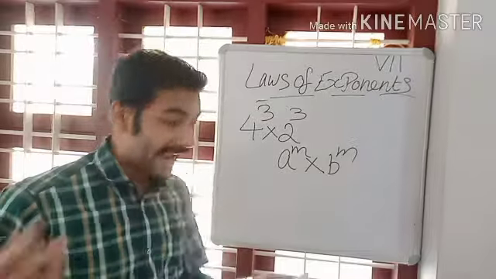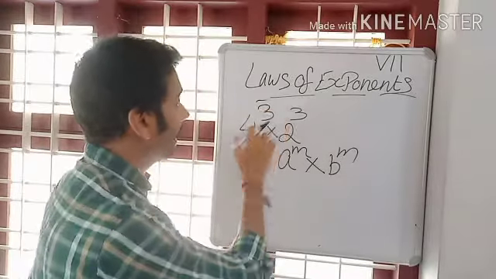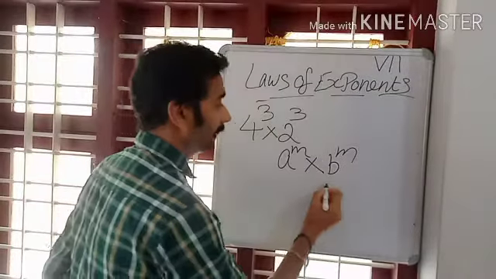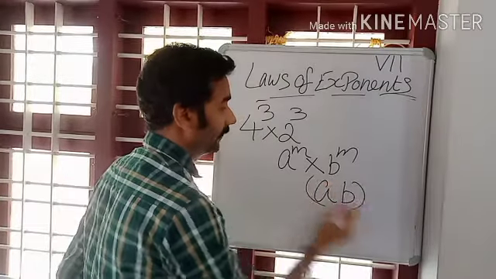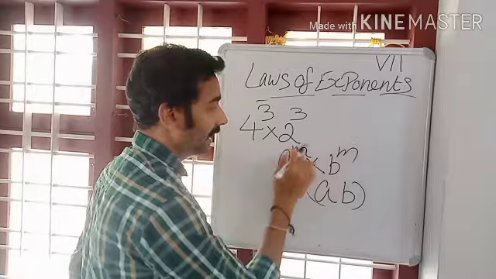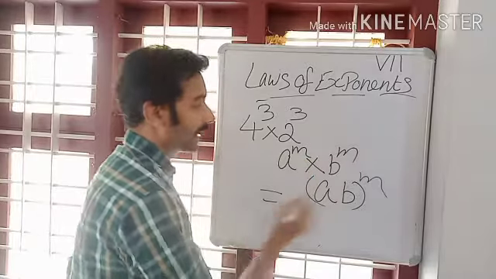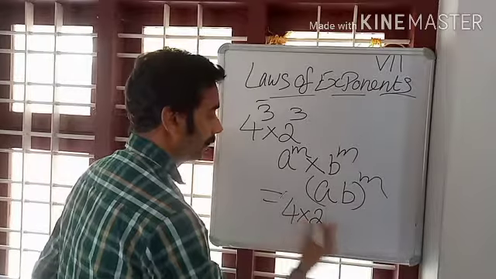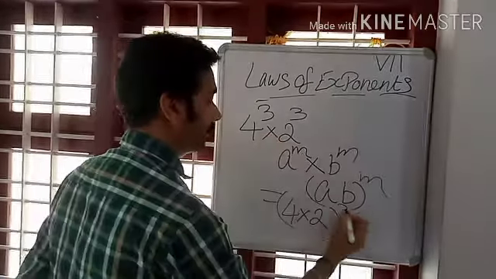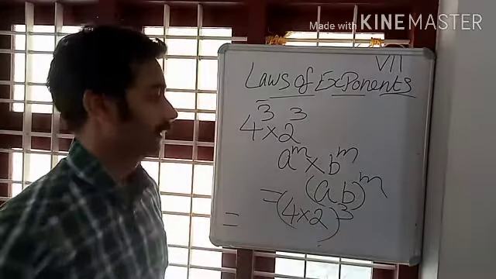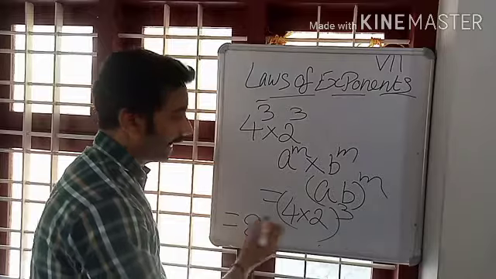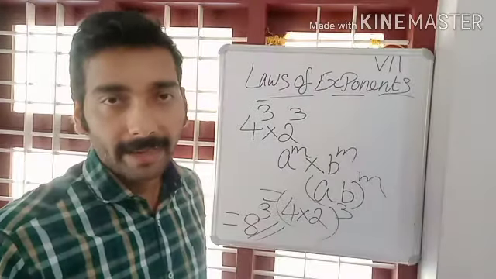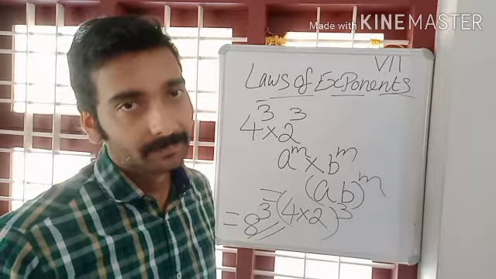That means a into b, ab all raised to m. That means 4 into 2, 4 into 2 all raised to 3. That means 4 into 2, 8, 8 cube. 8 cube. Okay, clear? Okay.